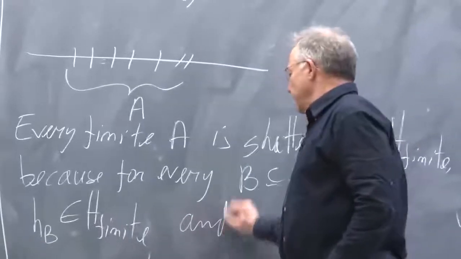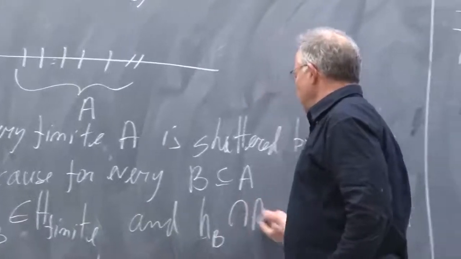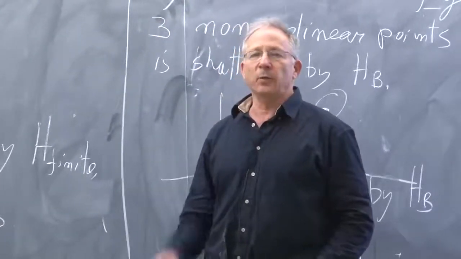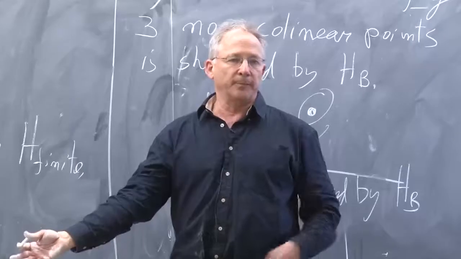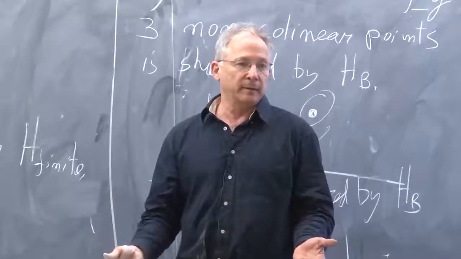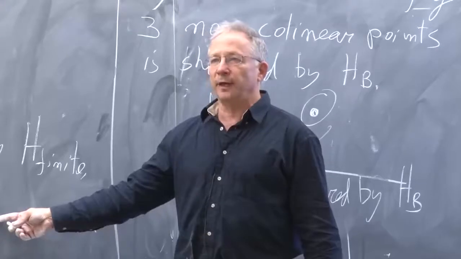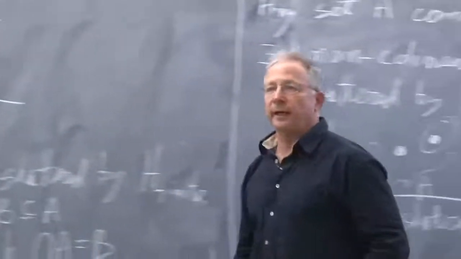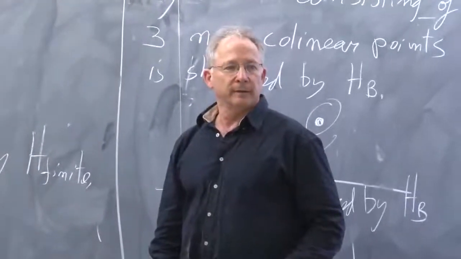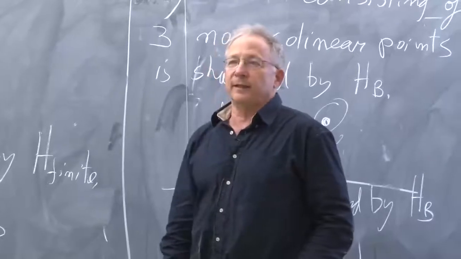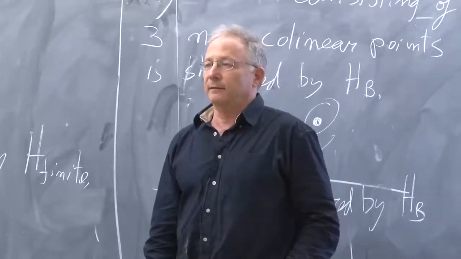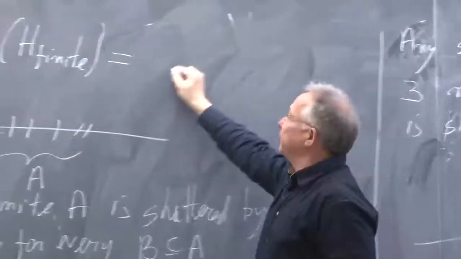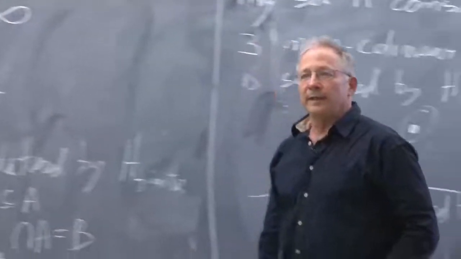And HB intersection A is exactly B. If I take the set that is 1 on the elements of B and 0 elsewhere, and intersect it with A, I'll just get B. So I can cut every subset of A for every finite A. So what is the VC dimension of H finite? What is the maximum size of a set that I can shatter, if I can shatter every finite set? There's no maximum, so what will be the VC dimension? Infinity.